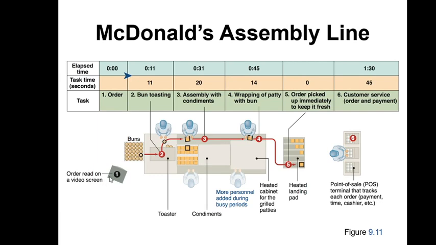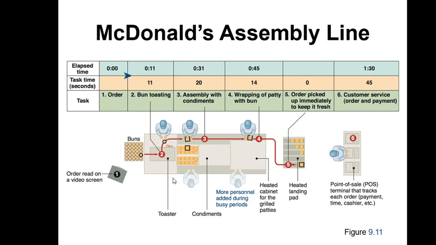Station number 1 is the order read on a video screen, station number 2 the toaster, station number 3 the condiments, station number 4 the heated cabin for the grilled patties and so on, and the heated landing pad in station number 5 and station number 6 and so on. So you see there is also an assembly line, an assembly for the Big Mac, for example.